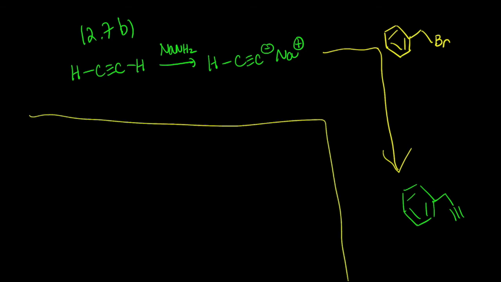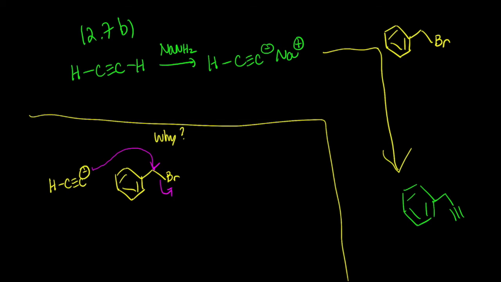Now this isn't part of the answer, but you might just be wondering, well, how did that work? Well, remember again that alkyl halides have good leaving groups, and acetylides, because of their negative charge, are definitely good nucleophiles. And so this carbon can attack that carbon, thereby making a new carbon-carbon bond.